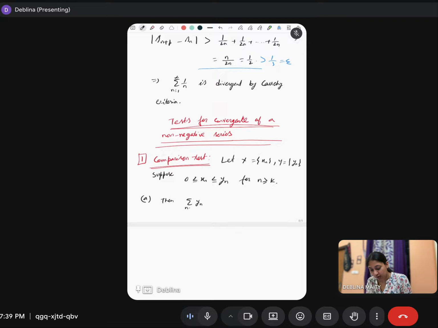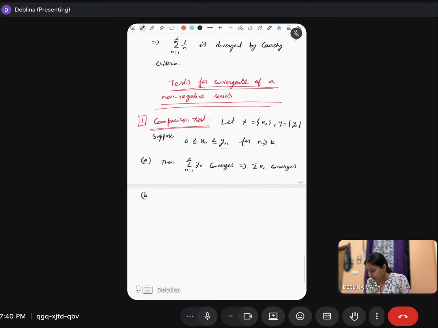If the sum of yn, the bigger sequence, converges, then this will imply the series of xn is also convergent, right? If the bigger one converges, then the smaller one will also converge.